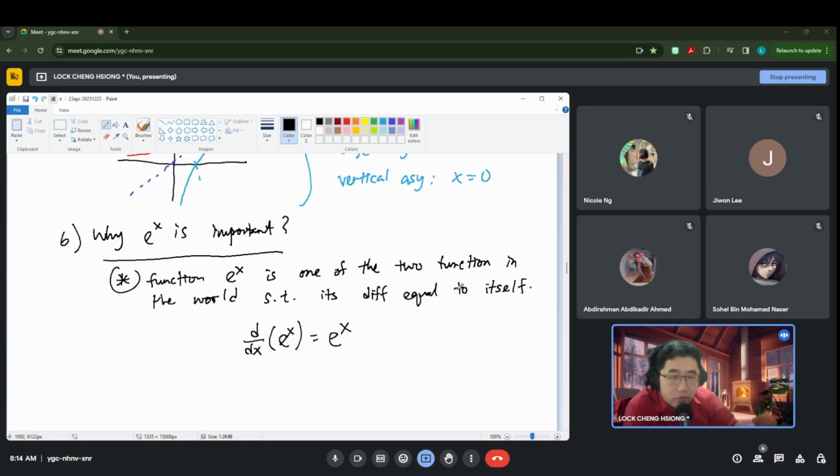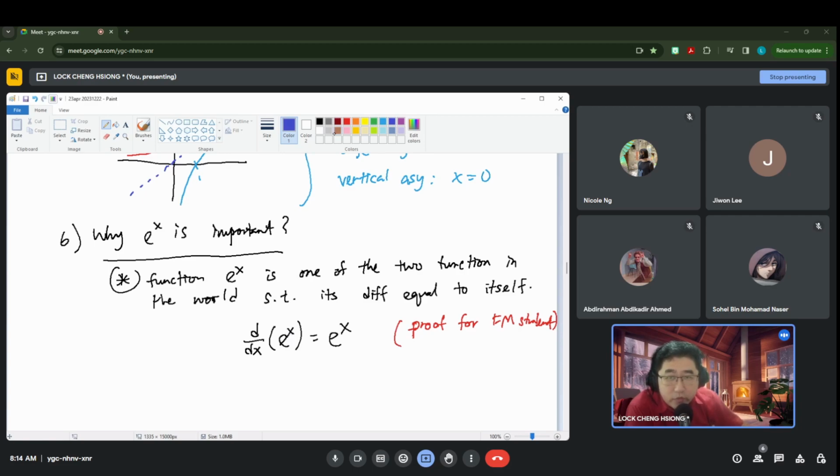The Further Maths students will need to know the proof for FM students, so you need to learn how to prove this. What if it is not x?